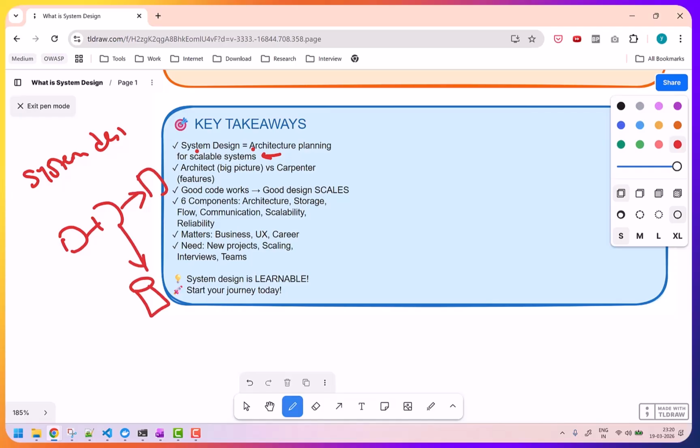It's about understanding where the system will break when the user count increases and fixing that before it actually breaks in real time. So that is the part of system design, right? So this is what I want to cover in the session of system design. So stay tuned. We are going to cover a lot more in this and make you interview ready as well as system design knowledge ready.